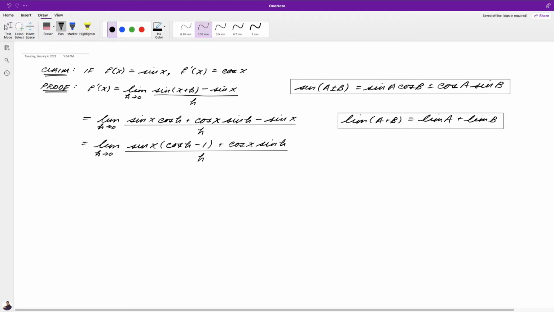This is a property that can be proven using analysis, using a discussion about neighborhoods around a point. And so the proof for this statement is actually quite technical and goes beyond the scope of this video. Perhaps in the future we will present a proof of that. But for now, I'm assuming that the viewer is comfortable with this limit property.